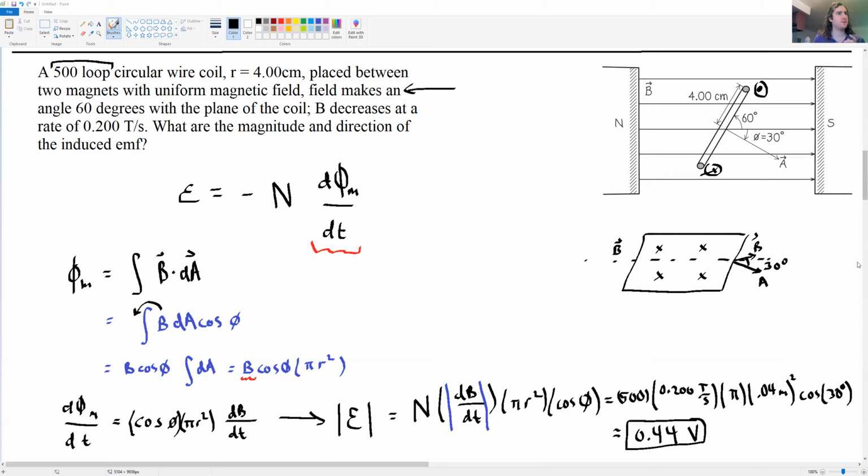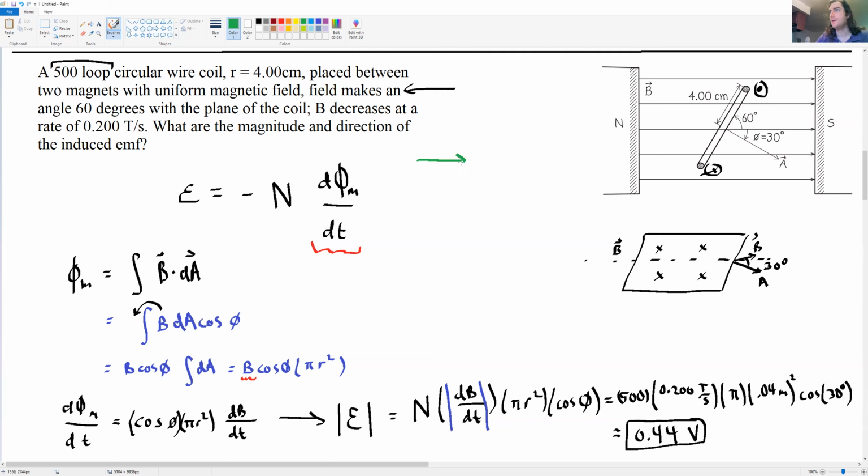All right, so there was maybe a little bit of confusion about how to find the direction of the induced voltage here. I got asked this a couple times. The trick is that it always opposes the change. So if I think about what's happening with the magnetic field here, I'll use green since I'm usually using green.